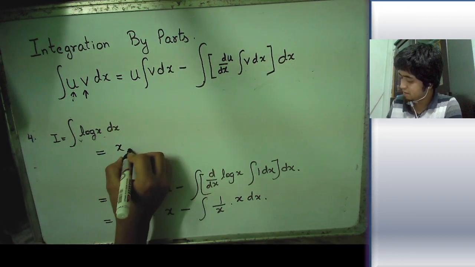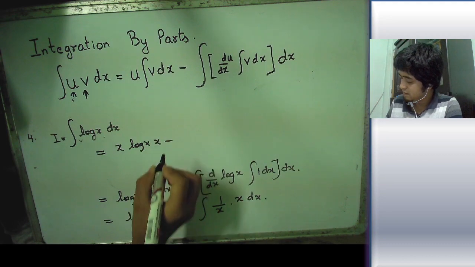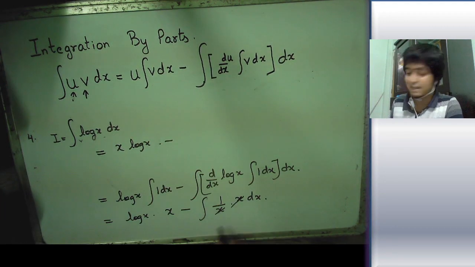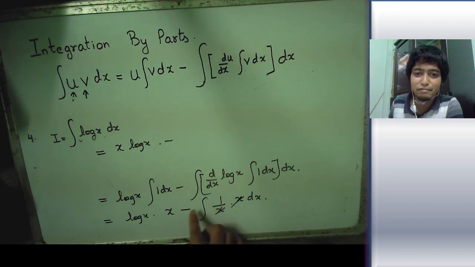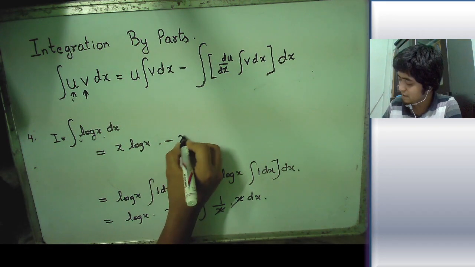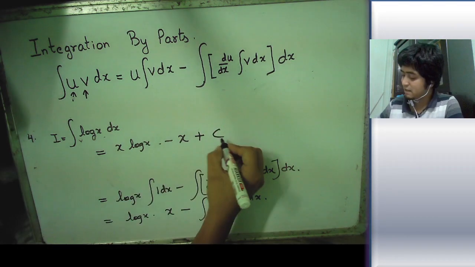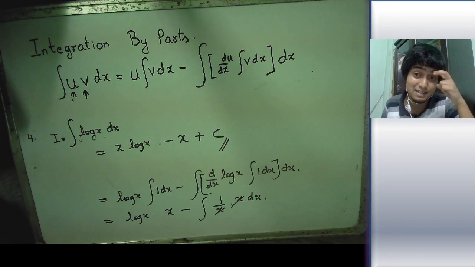So x log x minus x, and the x will get cancelled. So we will be left with integration of 1 again, which is x, plus c. So no more integration sign. This one will be the final answer.